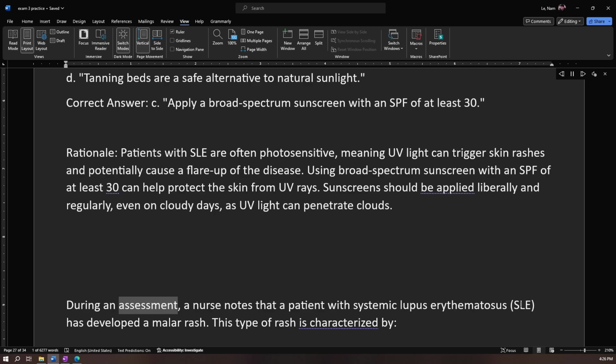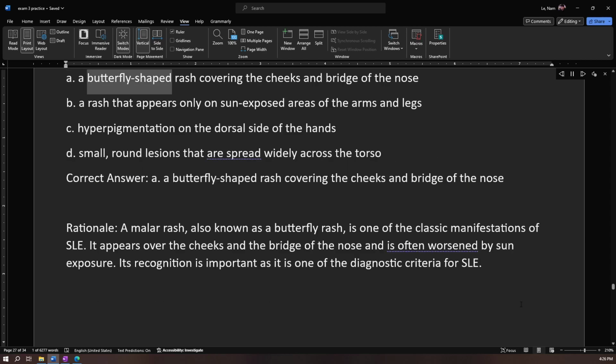During an assessment, a nurse notes that a patient with systemic lupus erythematosus, SLE, has developed a malar rash. This type of rash is characterized by A. A butterfly-shaped rash covering the cheeks and bridge of the nose. B. A rash that appears only on sun-exposed areas of the arms and legs.